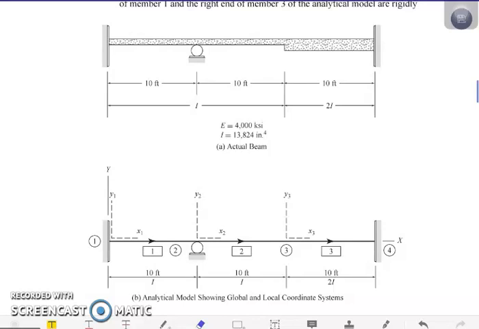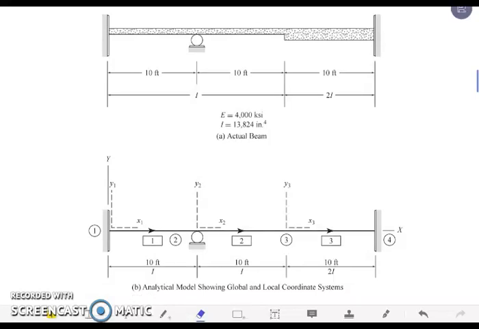To identify our global coordinate system, of course, we are going to have the structure coordinate system. For this beam, we're going to choose the point of intersection, or the origin, for our global or structure coordinate system.